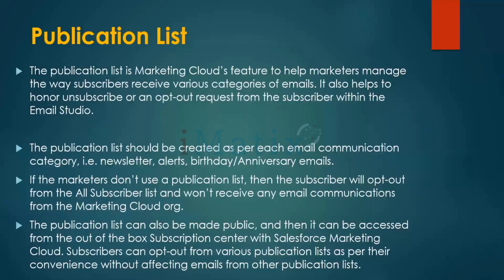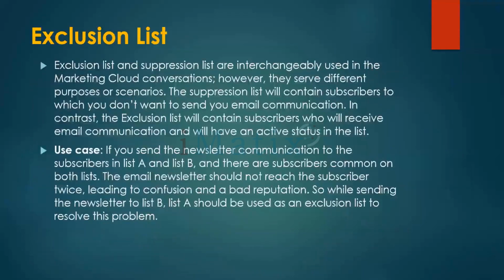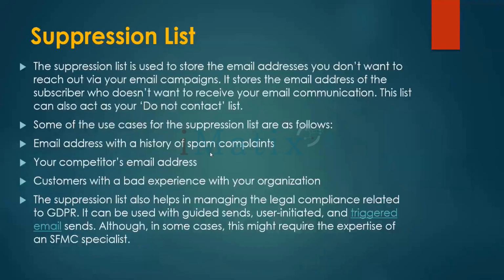Now, for practical implementation, one more concept. The important thing is a suppression list. I want to clear the concept. Suppose I have an organization, and some contacts are already there, but they have left the company, though they are still part of the system.